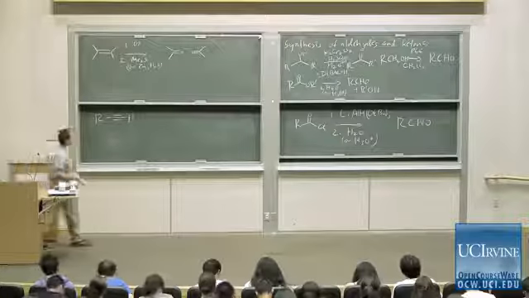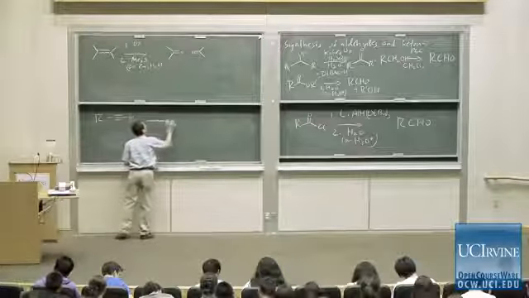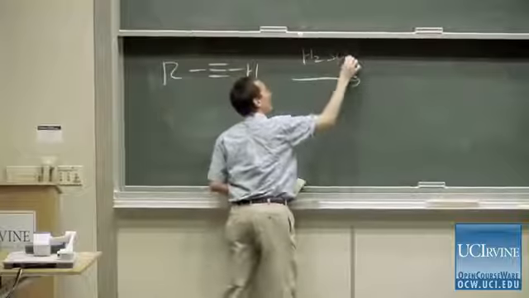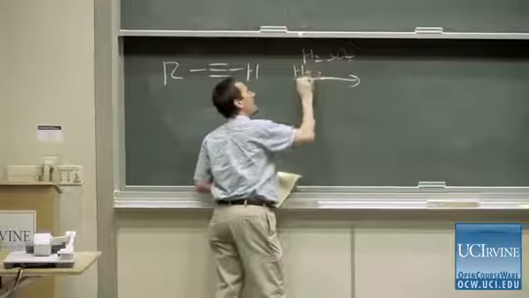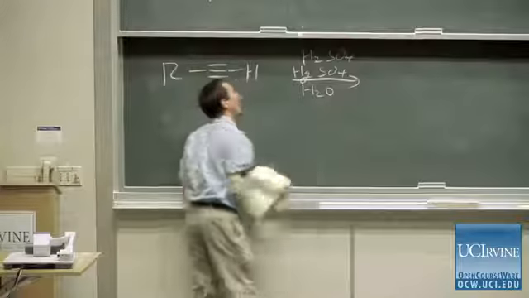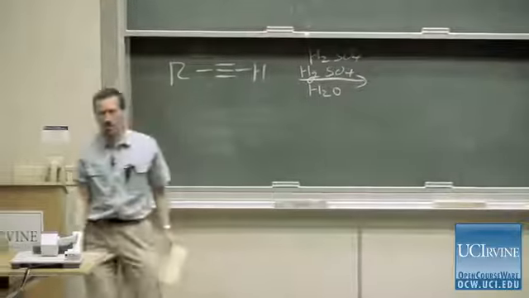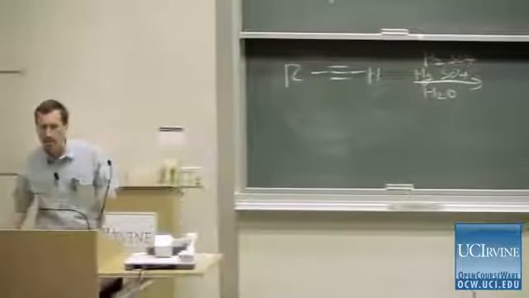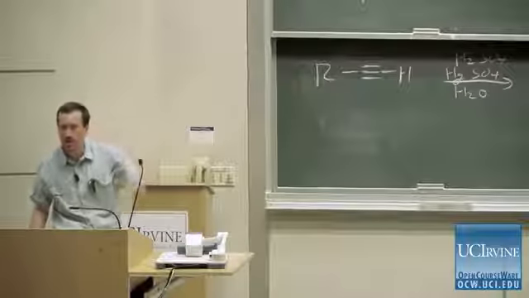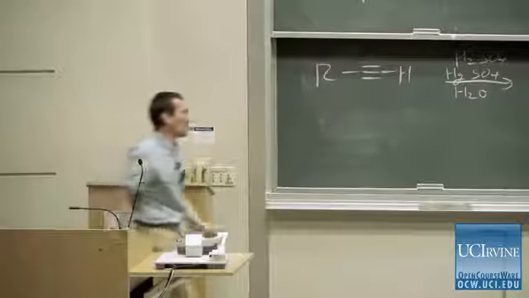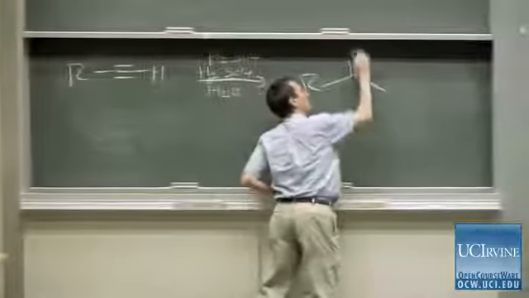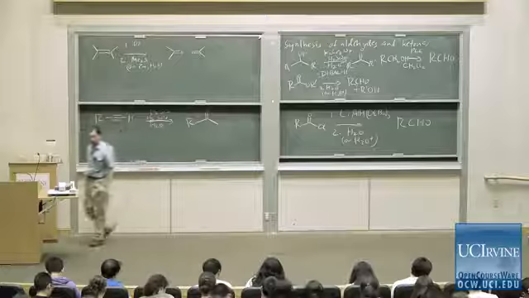So for example, if we have a terminal alkyne and we treat it with sulfuric acid and a catalyst, typically a mercury catalyst like mercuric sulfate, HgSO4, in the presence of water, we add a mole of water across the alkyne in a Markovnikov sense. The first product is an enol, which we'll be talking more about later. The enol undergoes tautomerization to give the corresponding methyl ketone.